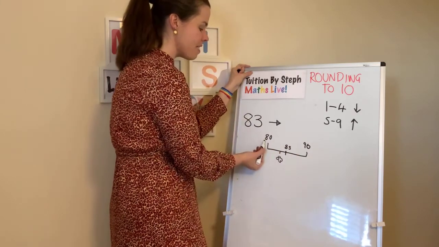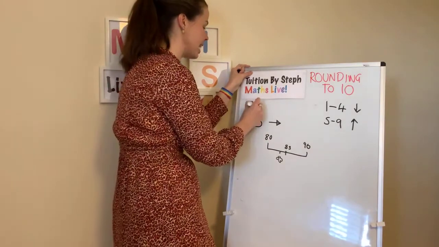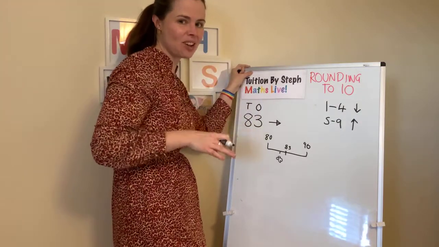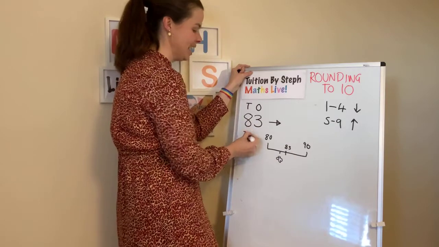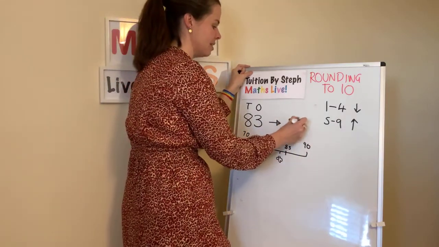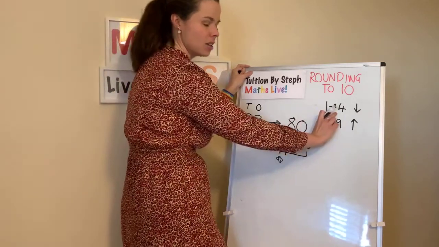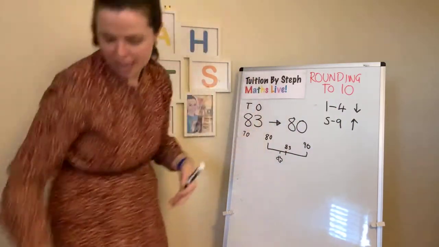So it's nearer to 80, and that's the tens that it is currently in. You've got 8 tens and 3 ones, so you should stick to the tens that you're in. I think sometimes if you say round down, you accidentally go to 70, and that's way, way out. So 83 to the nearest 10 is 80. Can you see it ends in a 3? So because it's between 1 and 4, you stay in the one you're in.